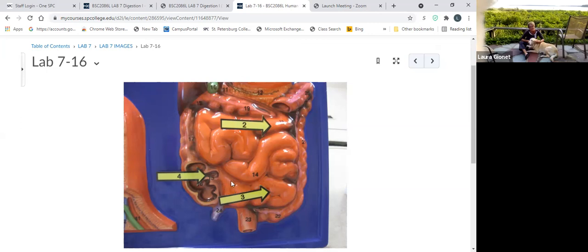It allows material from the small intestine to enter the large intestine, the cecum, to the left-hand side, and constricts to discourage the bacteria that normally reside in the large intestine from backing up into the small intestine. You have a lot of mucus along this entire system, but you really don't want that kind of bacteria in the small intestine.